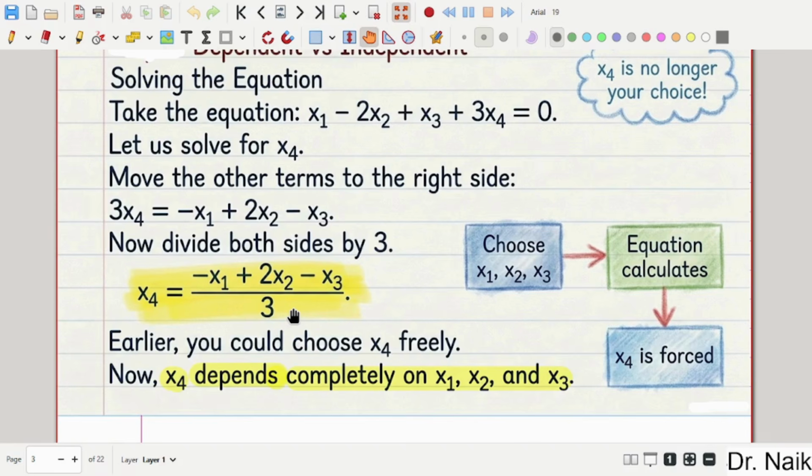So now x4 is not free. It depends on x1, x2 and x3. So after applying the equation, x1, x2 and x3 are free, but x4 is forced. That means it depends on x1, x2 and x3.